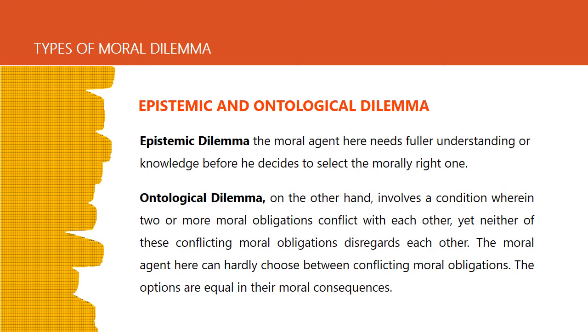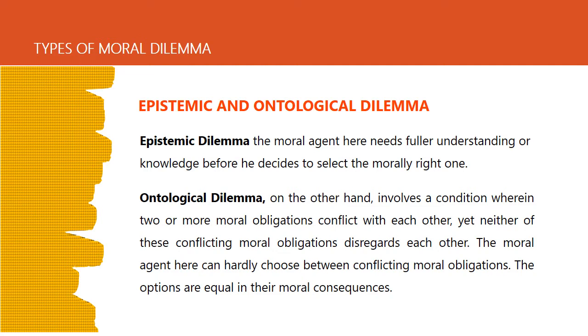Epistemic dilemma: the moral agent here needs fuller understanding or knowledge before deciding to select the morally right one. For instance, Arlene wants to buy a new dress, despite that she has a lot of new clothes that she never wore.